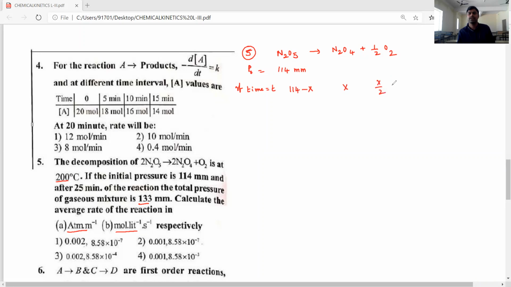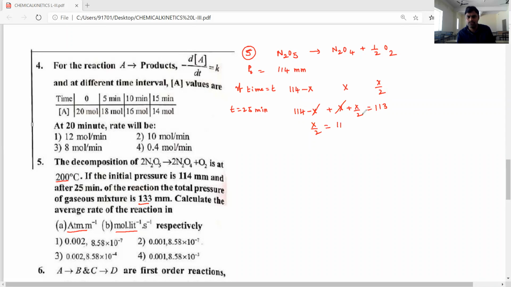Then at t equal to 25 minutes, the total pressure is equal to 114 minus x plus x plus x by 2, which is equal to 113 mm. This x and x will cancel, then x by 2 is equal to 113.